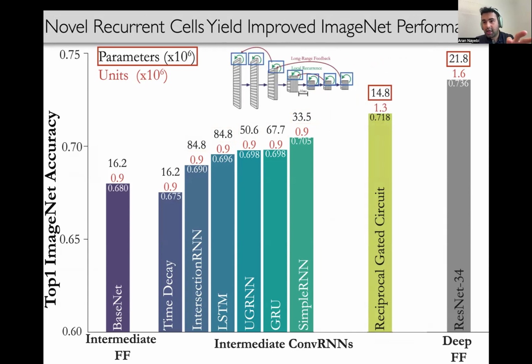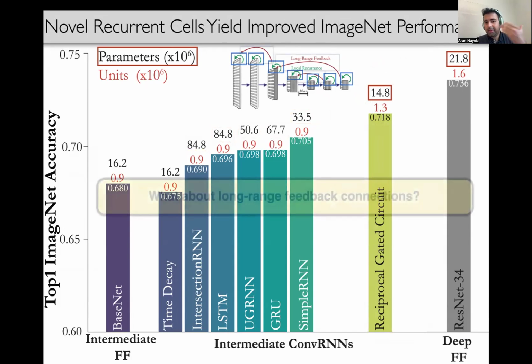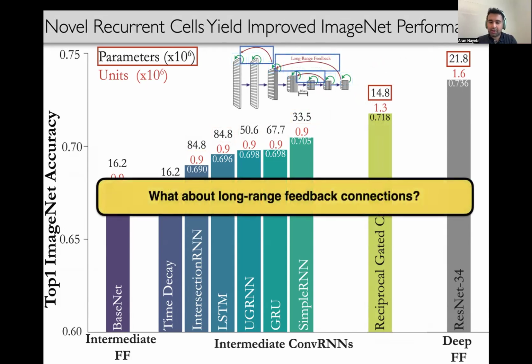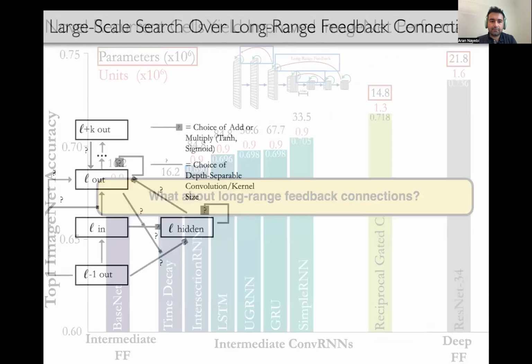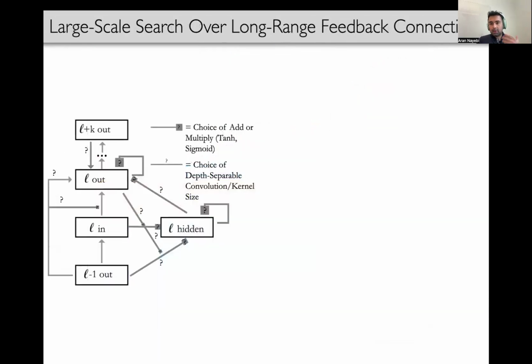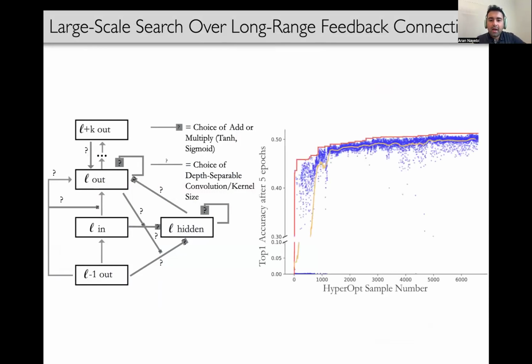Now, I've so far just talked about local recurrence, but what about the other component of long-range feedback connections? Well, to get at this question, since there are lots of different patterns of long-range feedback connections, and then how you also incorporate them with feed-forward input, we did a large-scale search over these, and we parameterized those choices of the operations of combination as well as where they interface in the local recurrence cell.